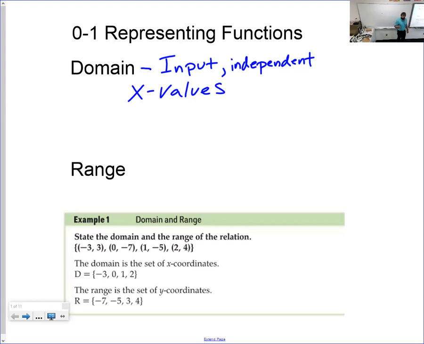The range then, the opposite of all of these, right? So it's output. It is dependent.